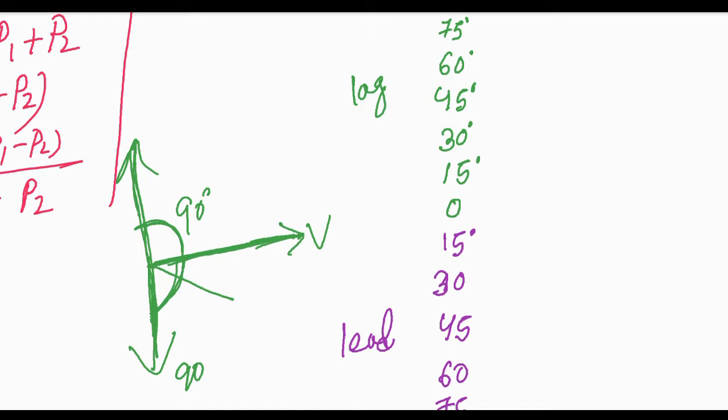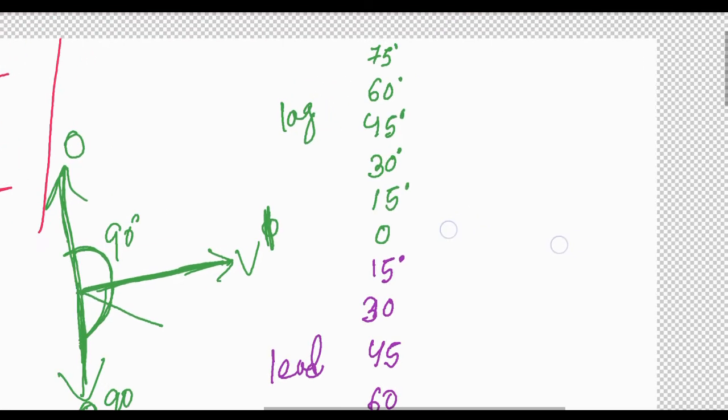So the cos phi value, that is the power factor value, will change from 0 here to 1 here, and also 0 here. So 0 power factor leading and 0 power factor lagging in terms we generally express.